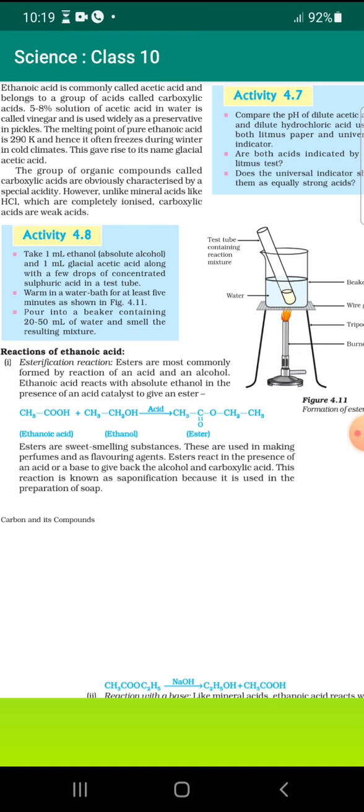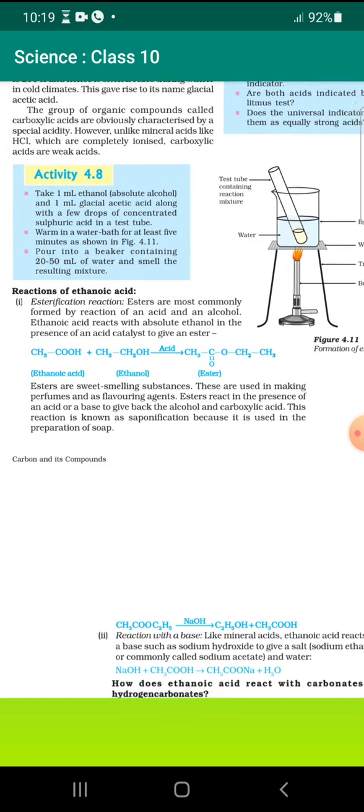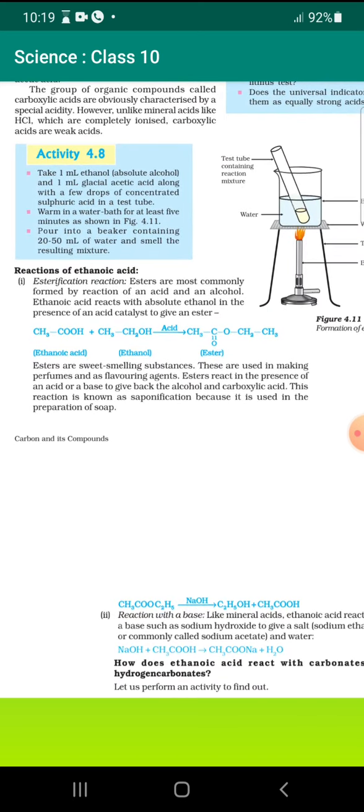This gave rise to its name glacial acetic acid. The group of organic compounds called carboxylic acids are obviously characterized by a special acidity. However, unlike mineral acids like HCl, which are completely ionized, carboxylic acids are weak acids.